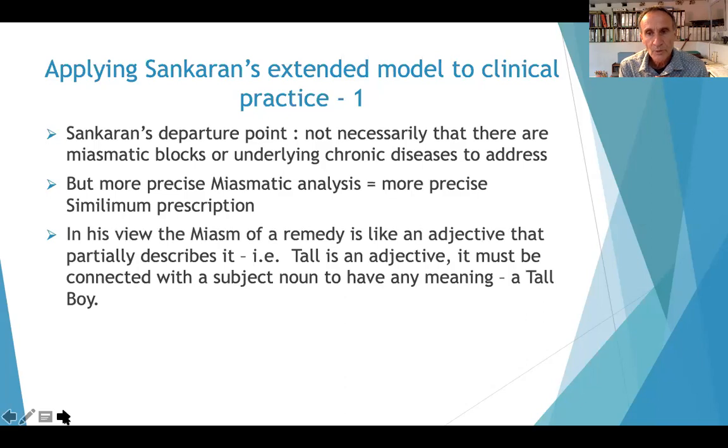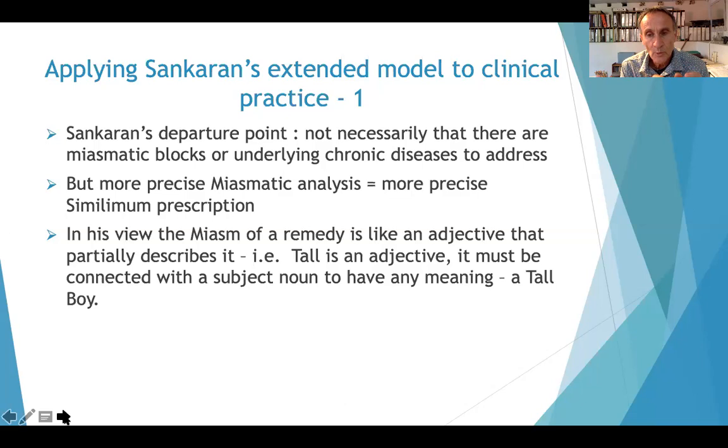So in his view, a miasm is more like an adjective that describes the remedy. Tall is an adjective. It must be connected with a subject noun to have meaning, a tall boy. We can't have a tall by itself. It must refer to something. So he says we can't have a ringworm miasm by itself.